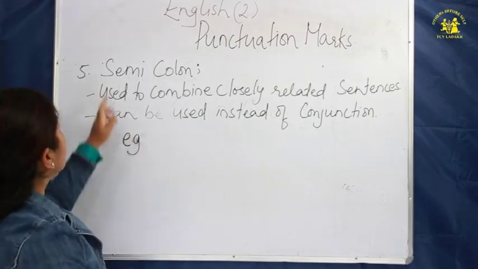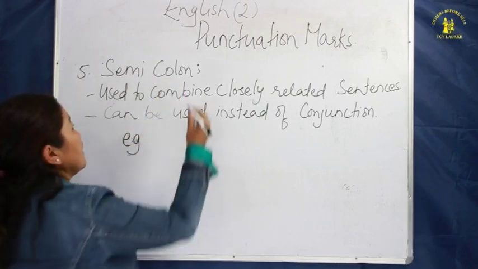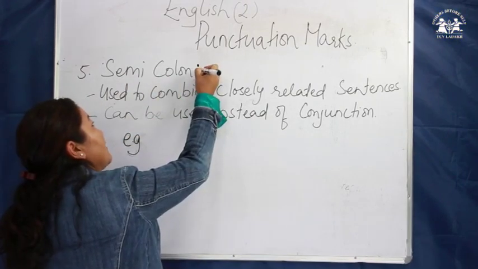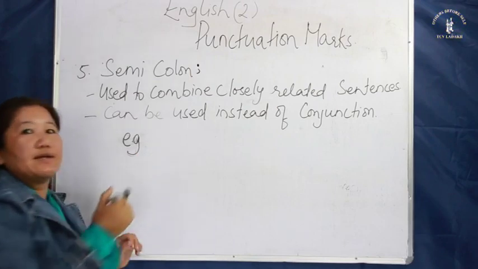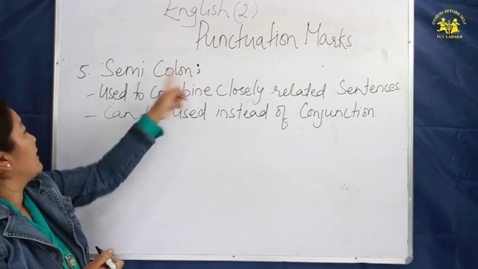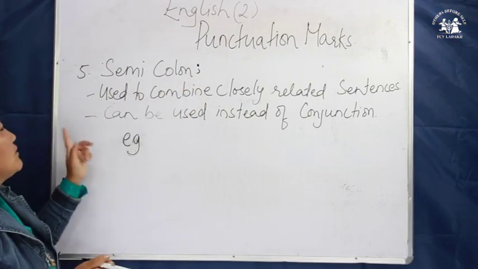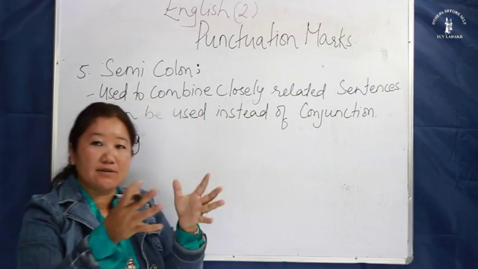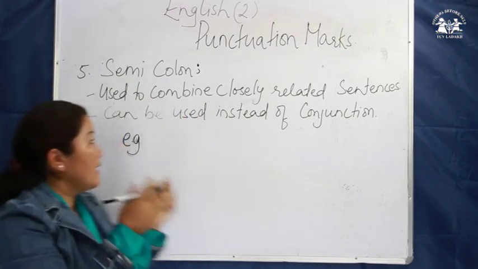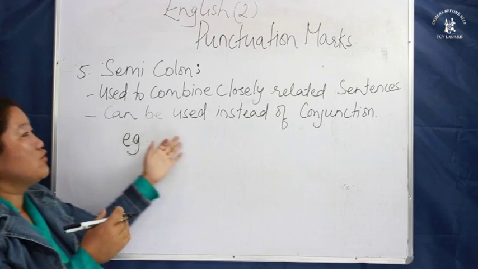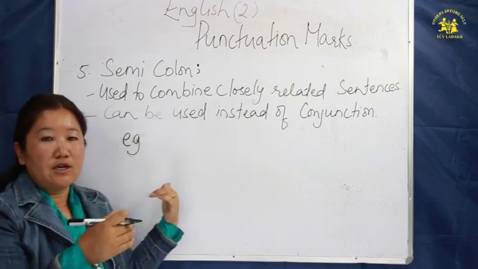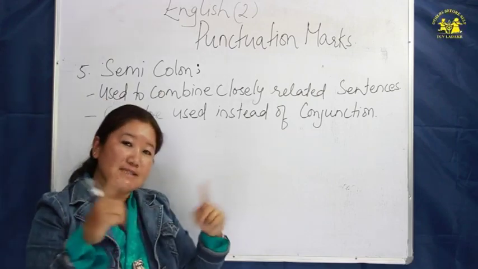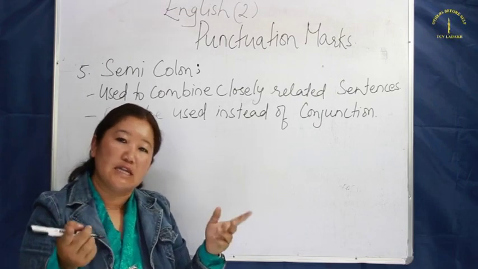Okay, the next one is the semicolon. For the semicolon, we use a dot and then a comma below it. This is the sign, and the semicolon is normally used to combine closely related sentences, or it can be used instead of a conjunction. In order to link two sentences, we normally use a conjunction or a linking word.